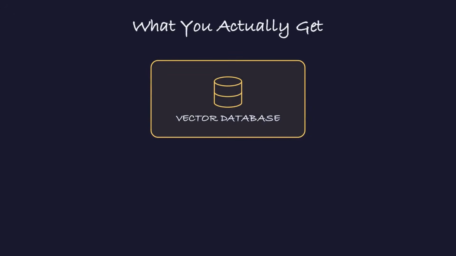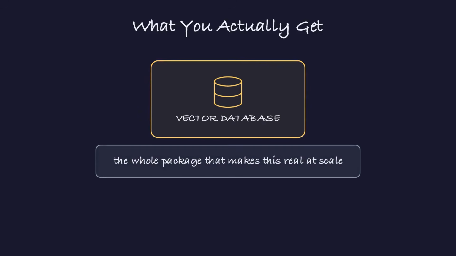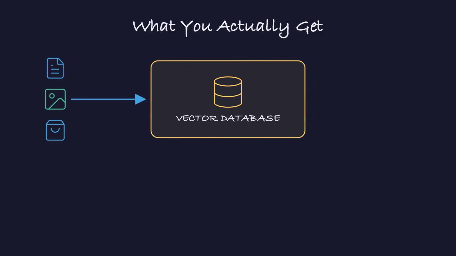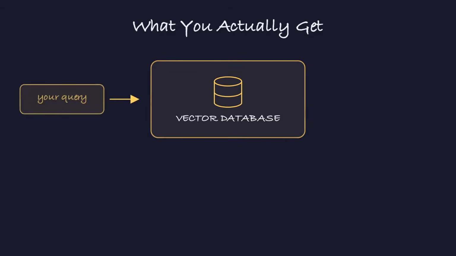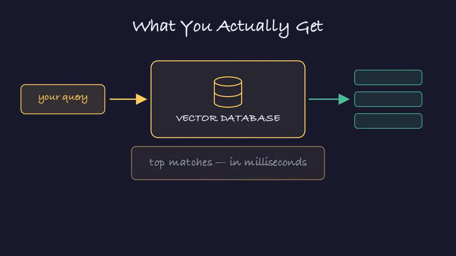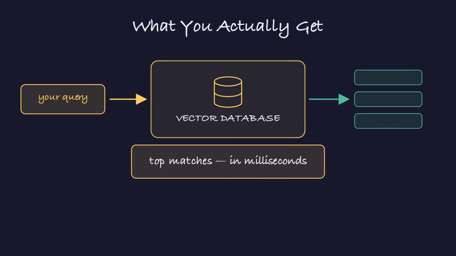So in practice, what does a vector database actually give you? It's the whole package that makes this real at scale. You pour in your data, documents, images, whatever, and it stores the embeddings and builds those clever indexes automatically. When a query comes in, it runs that fast approximate search and hands back the top matches in milliseconds.